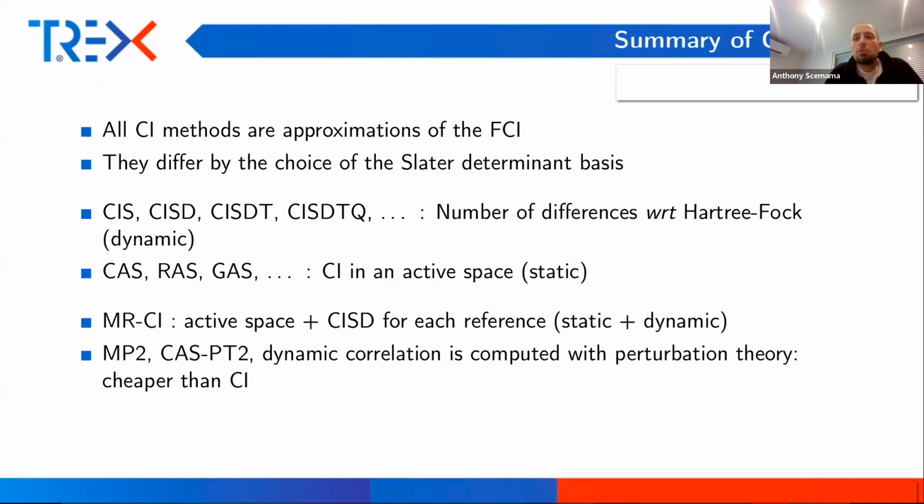So now let me check. Yes. To summarize, all the configuration interaction methods are approximations of the full CI, because this is really what we all want to get. When you compare numbers with approximate methods, usually it's better to compare them to the full CI in the same basis than to the experimental results.